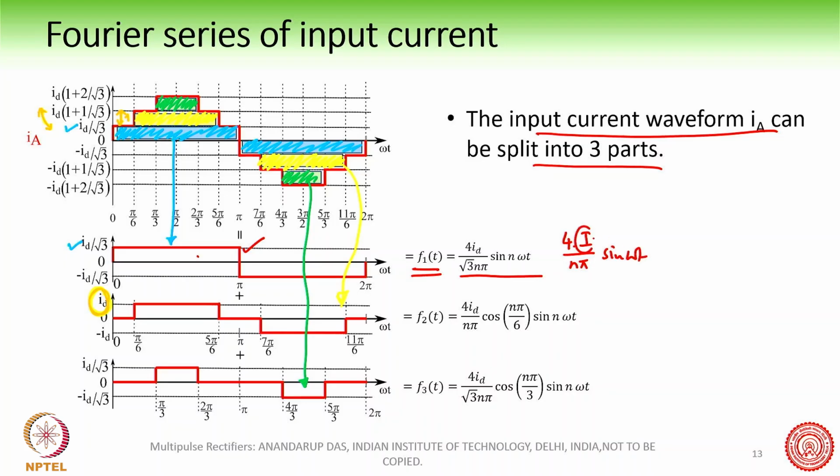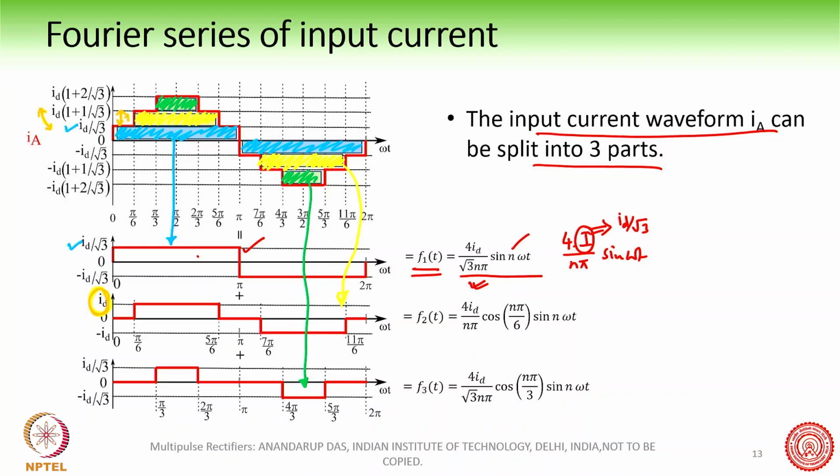In this case, this I is equal to Id by root 3, and that is how we got this expression here. So this square wave has all the odd harmonics: 4Id by root 3 n pi sine n omega t, right?